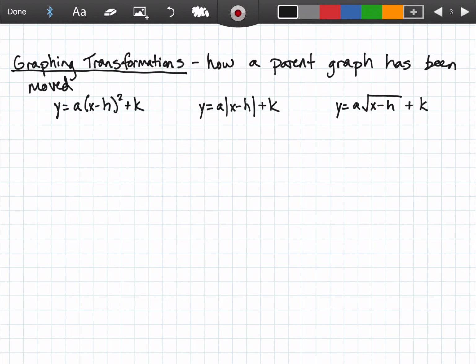And so the big thing to know here, starting with A: A is going to be a vertical stretch or a compression.